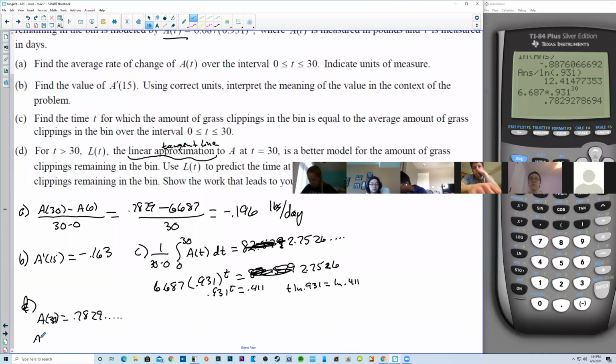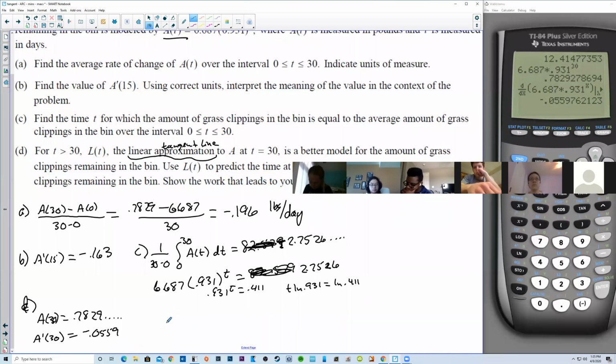And then we need A prime of 30, because whenever I see linear approximation, I think I'm finding a tangent line. Didn't I already do the derivative up here? Can we save some time? There we go, right here. And instead of 15, I'm doing this at 30. So this is math number 8, finding a value of a derivative. So this is negative 0.0559.